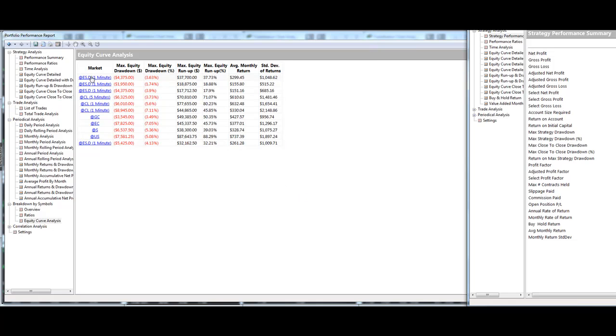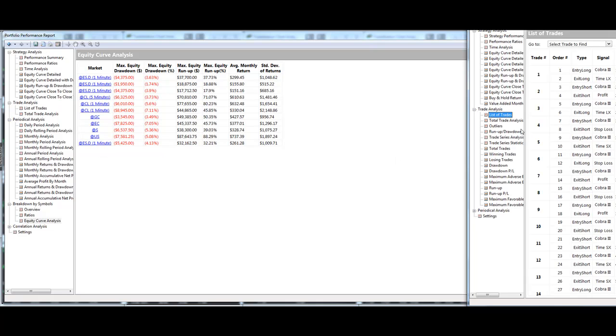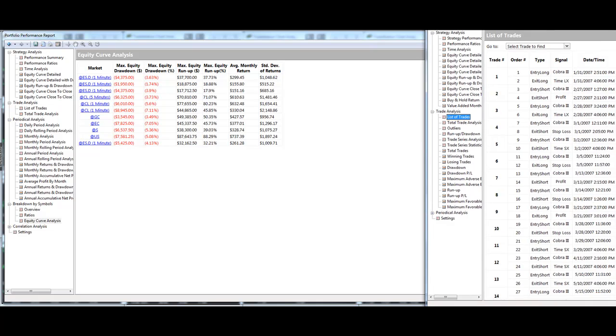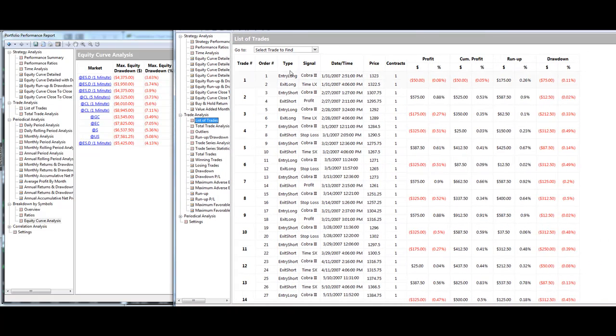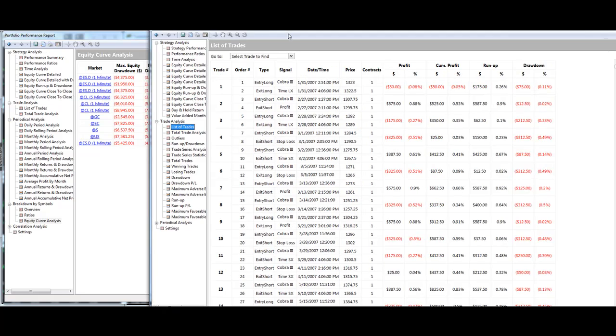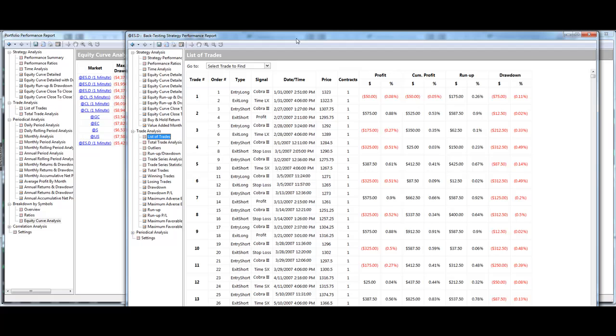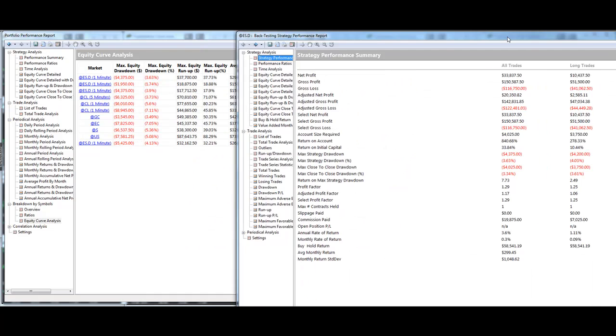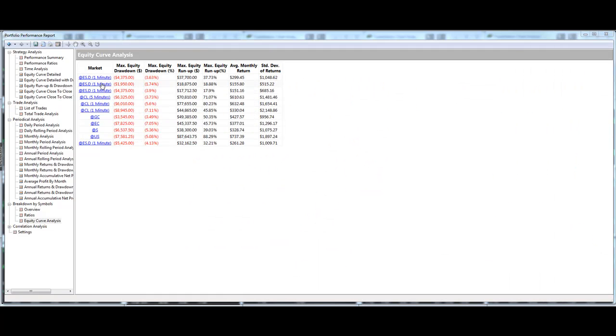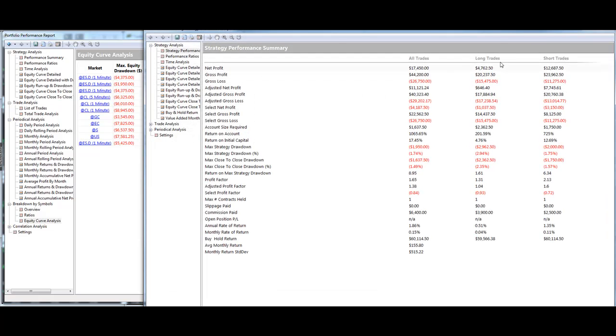You just have to figure out which system this one is, because you have 4 1-minute E-mini S&P systems. So you'll have to go in and look at the trade analysis, the list of trades, and it'll tell you the signal, Cobra 3. The first one is Cobra 3. You can get the individual results by clicking on each one of these after you're in the portfolio.